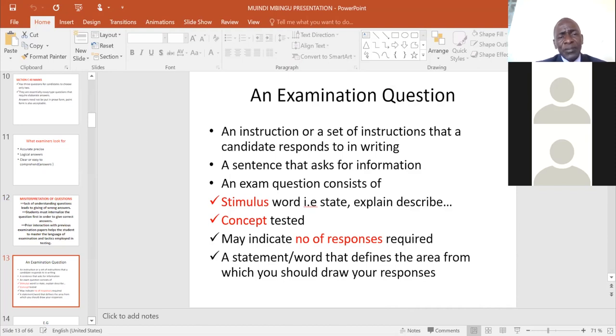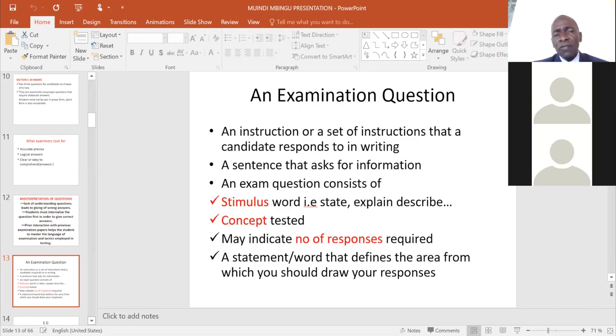Now, an exam question consists of a stimulus word: state, explain, describe, just to mention a few. This is a very important aspect of the question because it determines the scope, how much material you will put as you respond to that question.